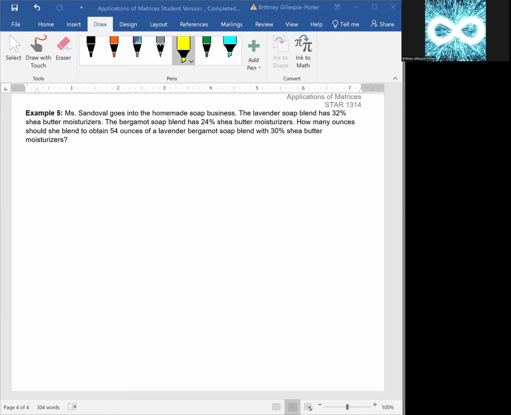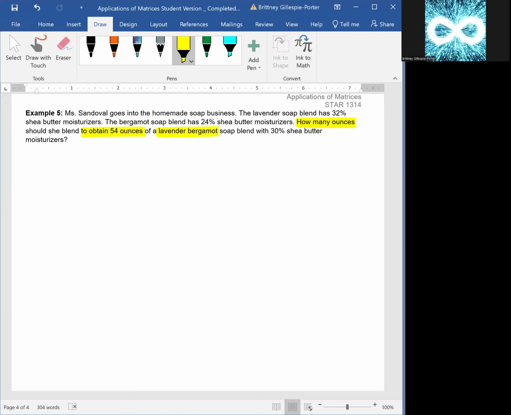Okay, so when we're going through this, make sure that you are identifying your variables, and your variables come from what they are asking you to find. They want to know how many ounces to obtain 54 ounces of lavender bergamot mix with 30% shea butter.